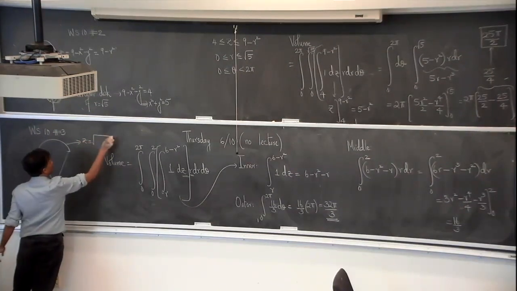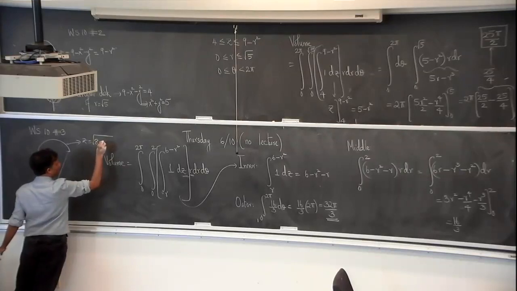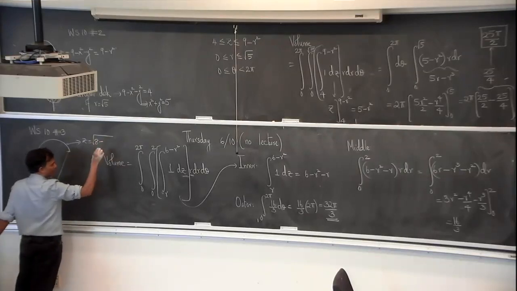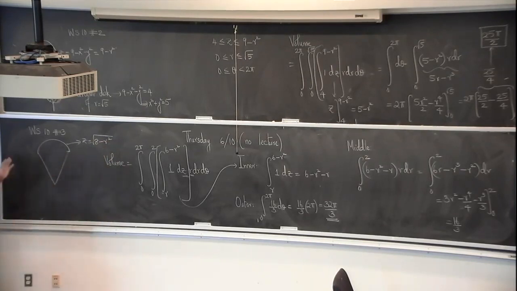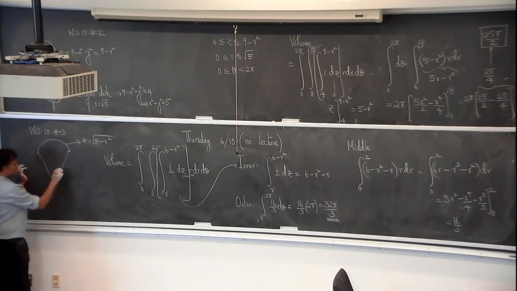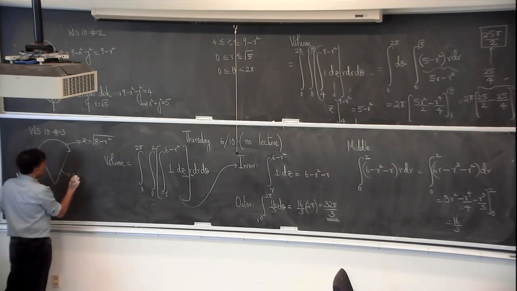Z equal to square root of 8 minus x square minus y square. I hope all of you now realize that the x square plus y square term would be r square. So the hemisphere is now written as z equal to square root of 8 minus r square. And the cone is z equal to r, which is the square root of x square plus y square.